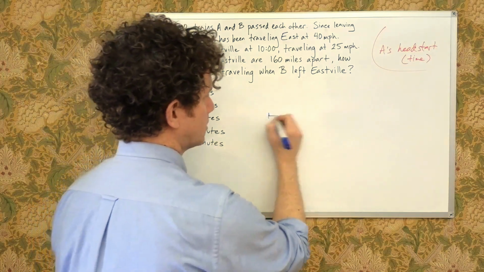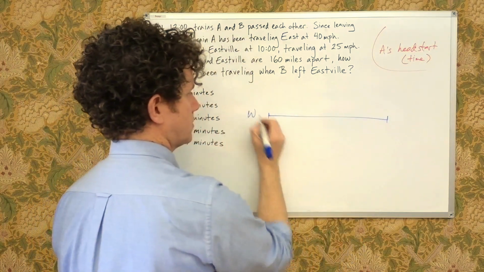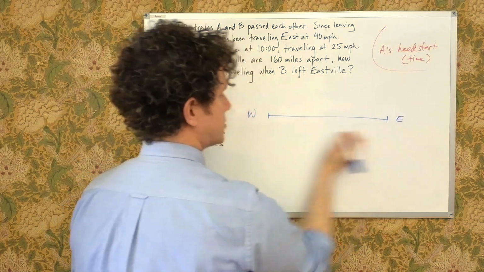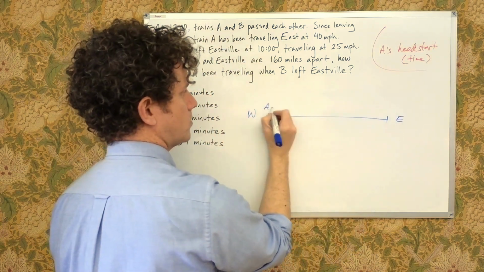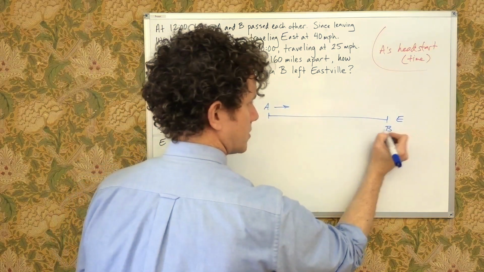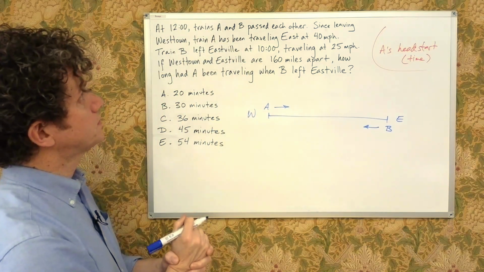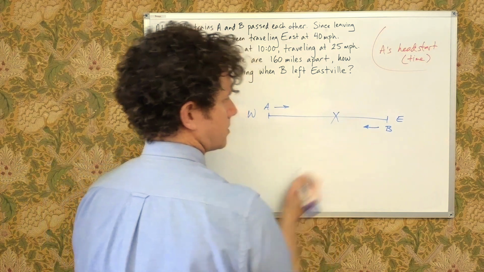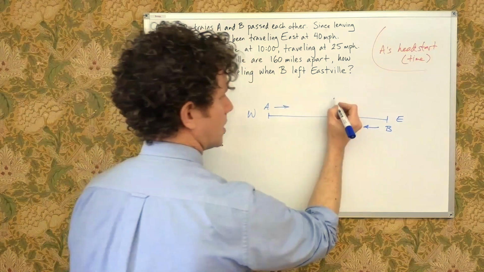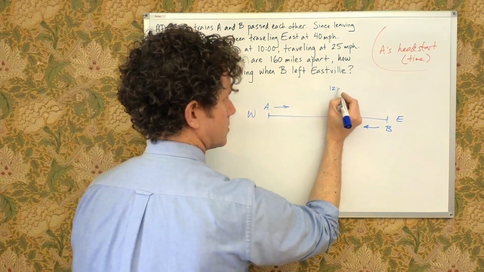And really broadly, we know that we have our western place and our eastern place, and we have one thing going towards each other and the other thing coming towards each other. That's our basic setup. Let's put some numbers on here. We know that they pass in the middle at 12 o'clock.